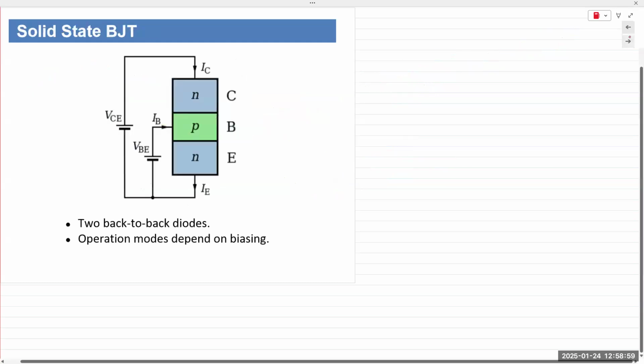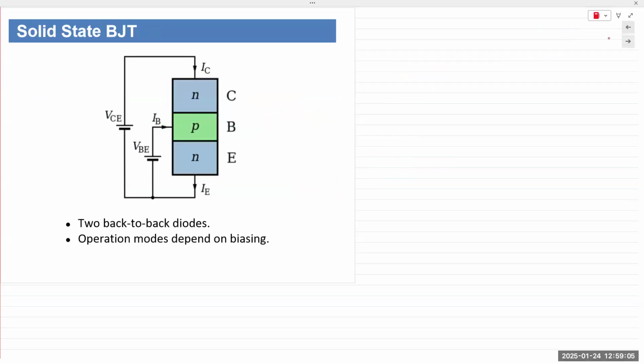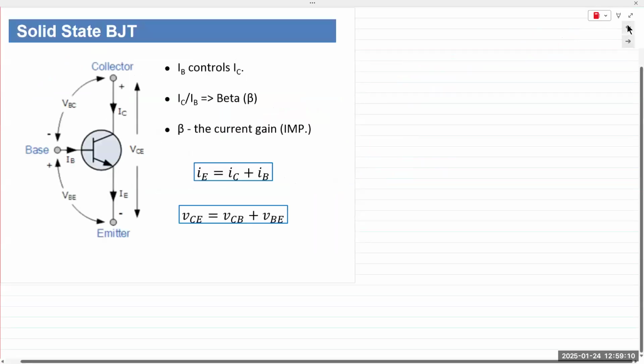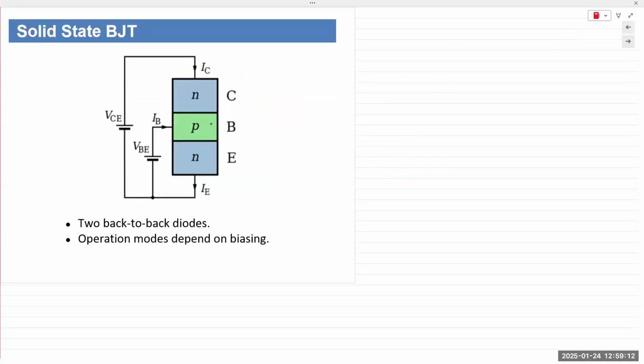The base, being very thin, cannot handle all of the free charge carriers that have arrived. Okay. And so what happens is, instead of the electrons coming into the base and recombining with holes, the sheer number of the free charge carriers arriving into the base cross over into the collector.